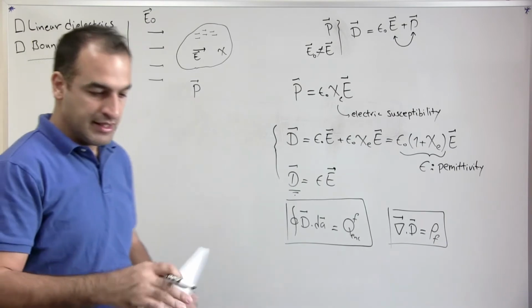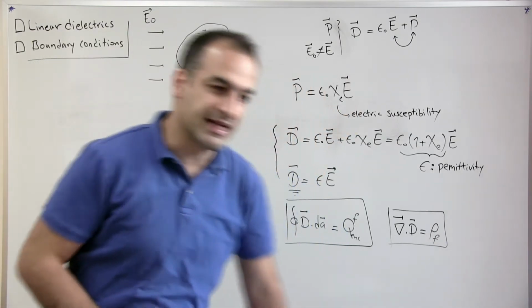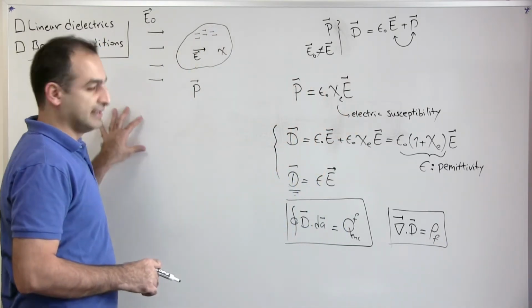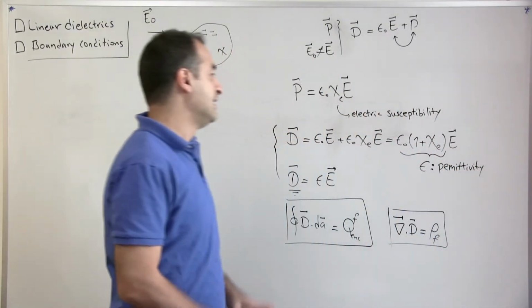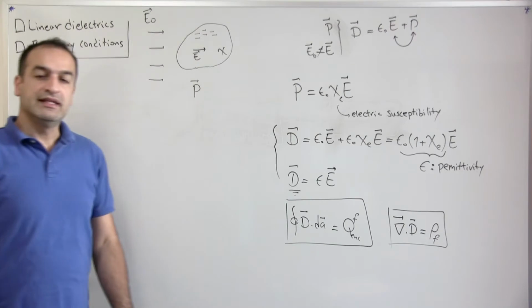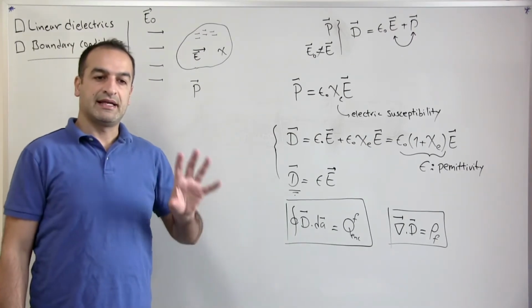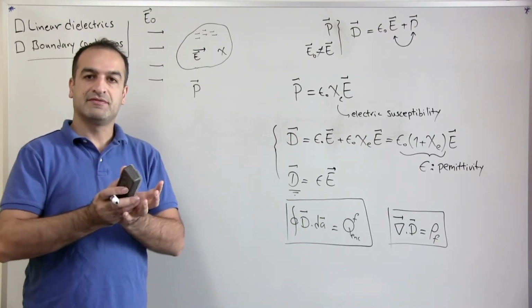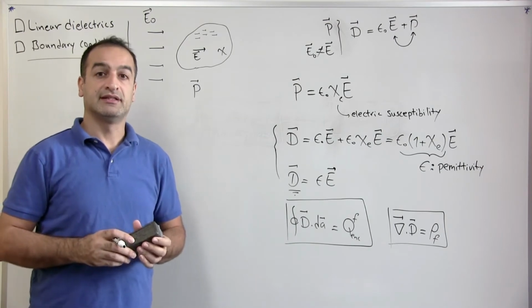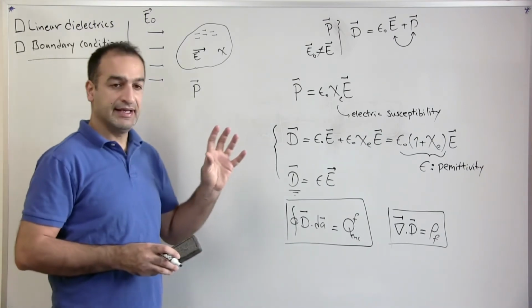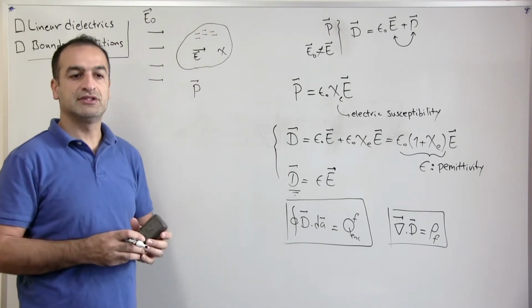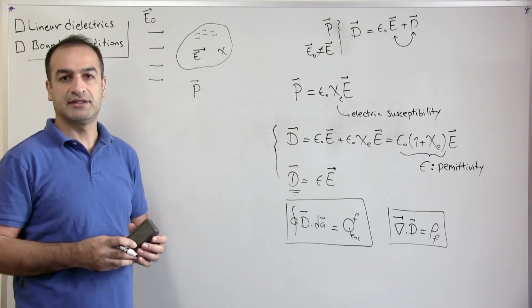Sounds good. So I want to go back to the example that we did last Tuesday. What we did last Tuesday was, from that charged sphere, we calculated electric displacement. Now I want to make the assumption that the dielectric that is encapsulating the charged sphere is a linear dielectric.